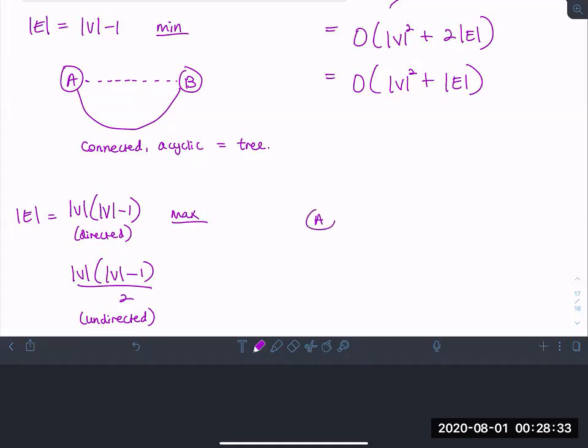So let's say I have A and B, okay? The maximum number of edges I can have between these two nodes in a directed graph is I can have one going from A to B. I can also have another one going from B to A. These are two different edges, right? Remember, AB is not the same thing as BA, where this tuple representation denotes an ordered set of edges. In this case, we have an ordered set of edges precisely because each edge has a direction associated with it.